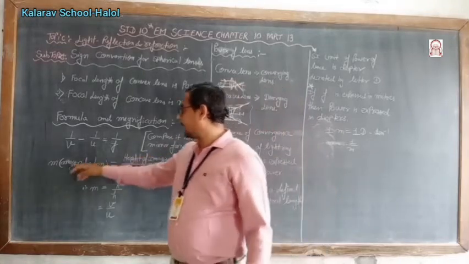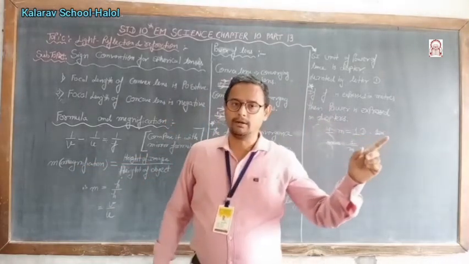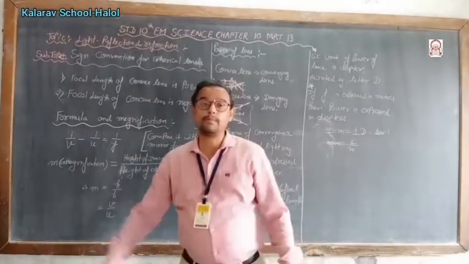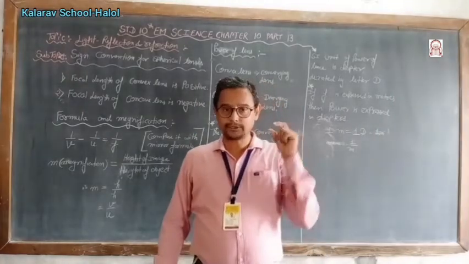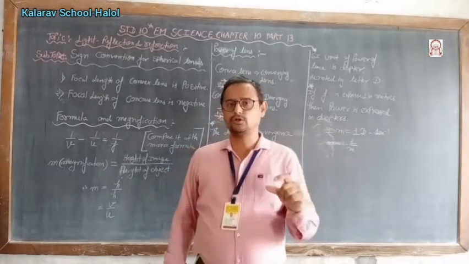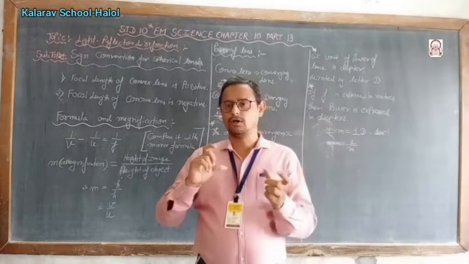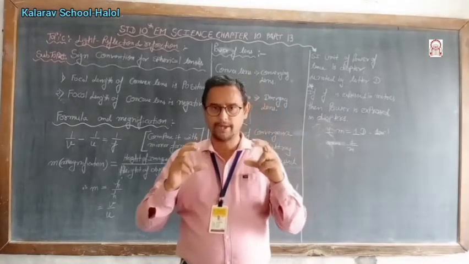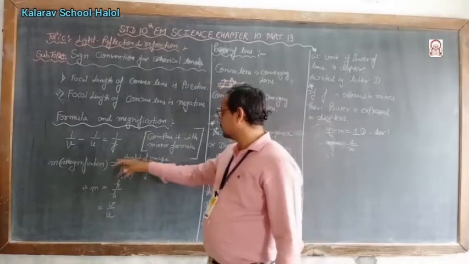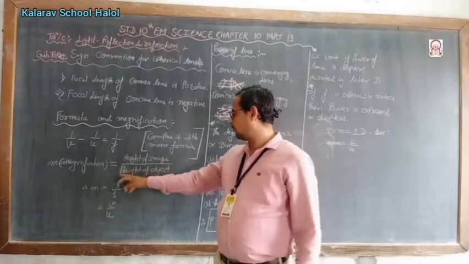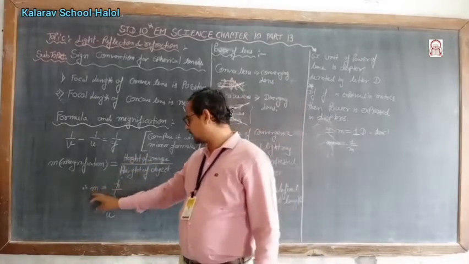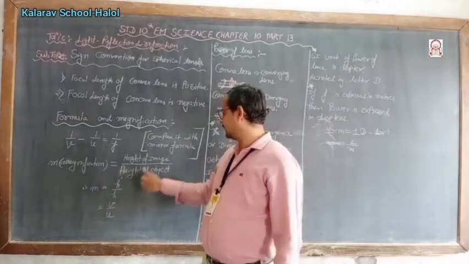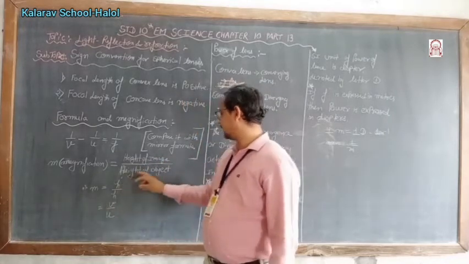And then magnification, that also we have done in mirror, and the same way we have done in lens also. The magnification is the ratio of image and object. इमेज और ऑब्जेक्ट का जो रेशियो है, कितने प्रोपोर्शन में दोनों एक दूसरे के इसमें आते हैं, that is known as the magnification. So it is the height of image upon height of object. So magnification equal to h dash upon h. h dash you know is indicated by v, that is the image, and u is indicated by object.